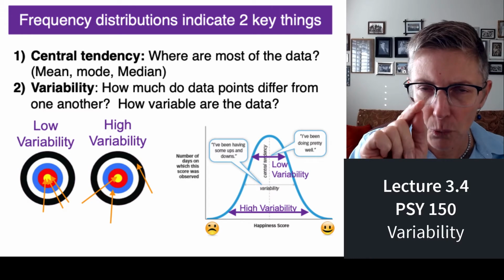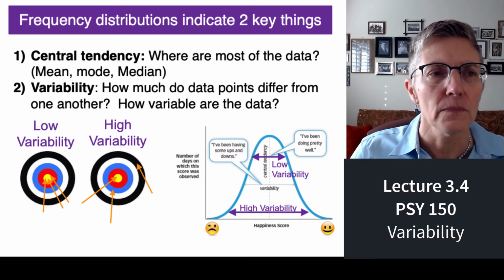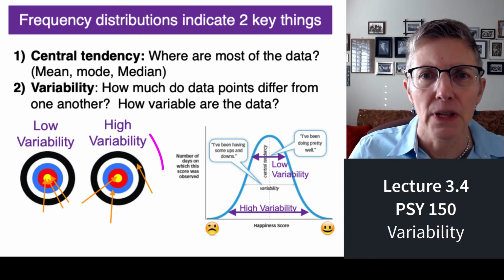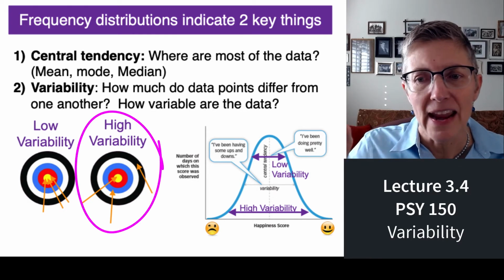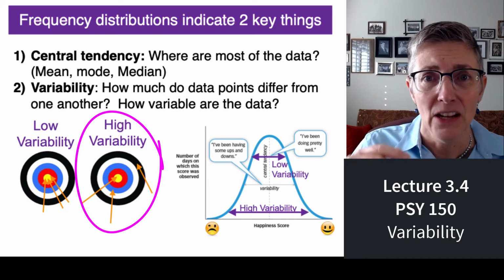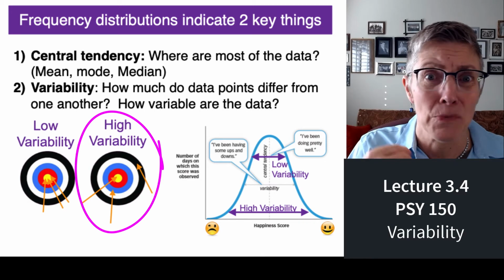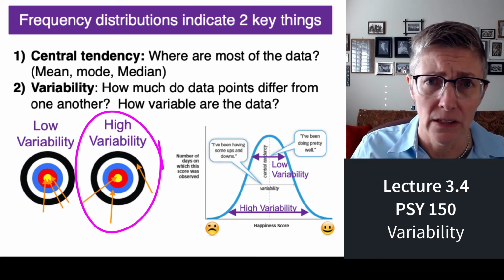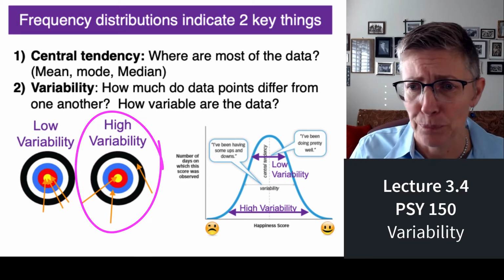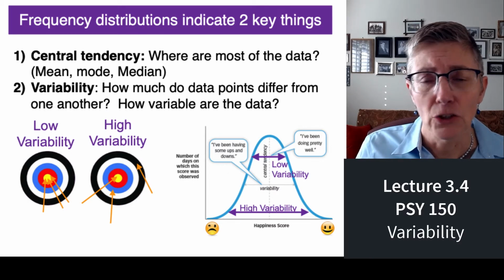Where one point is, they all are. In the target on the right, the arrows are in very different places. So there's high variability. Just because one arrow went to one spot on the target doesn't mean the next arrow is going to go there. It could go anywhere.